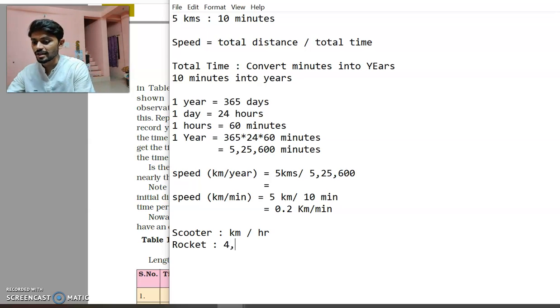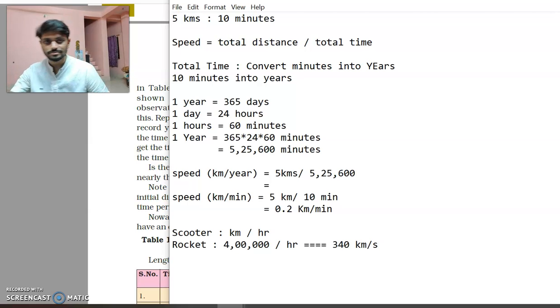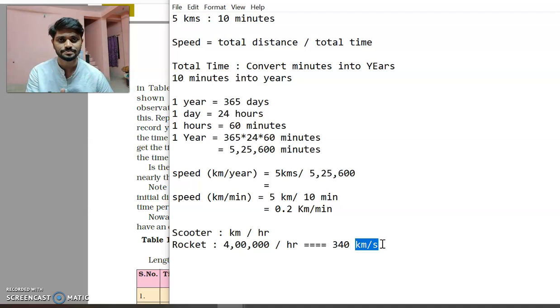So instead of saying 4 lakh kilometers per hour, which is again a random value, we can say that is almost equal to maybe something like 340 kilometers per second. So the number became smaller, but make sure the unit has changed. It got converted into kilometer per second. So based on the situation, for which object you are measuring the speed, it is very important to select the unit.